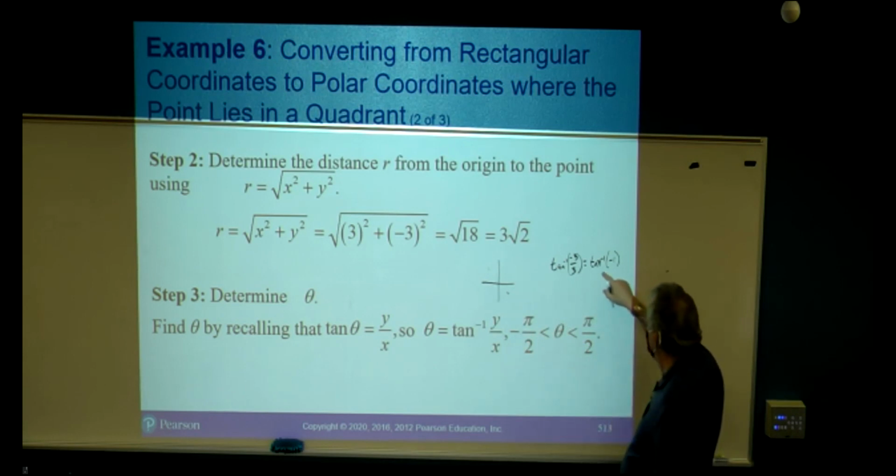If you do tangent inverse of -1, you'll get a decimal number, and if you divide that decimal number by pi, you'll get a number that is something times pi. In this case, you'll get -0.25, or some number close to that.